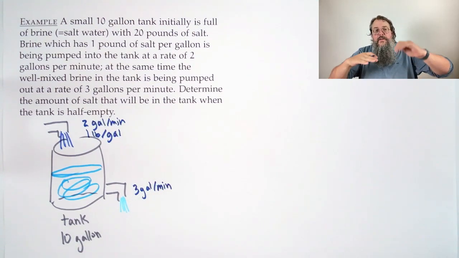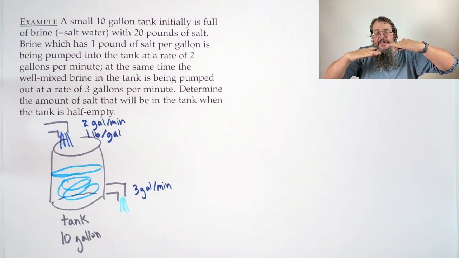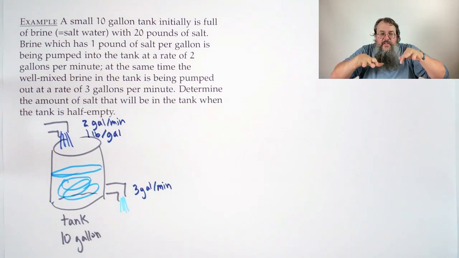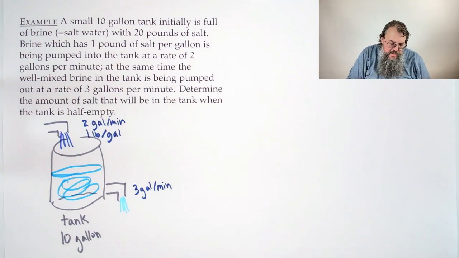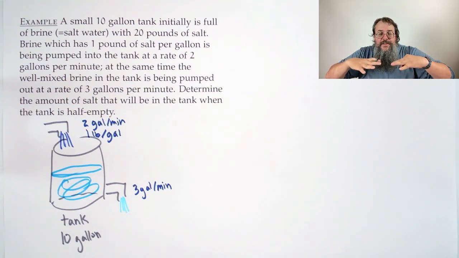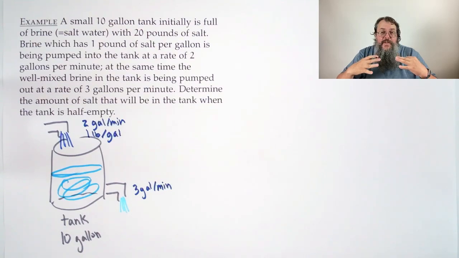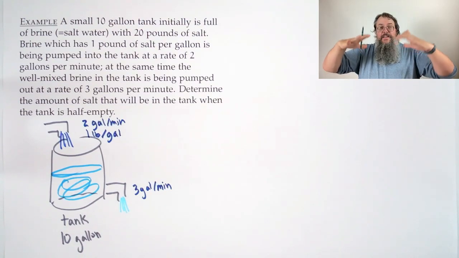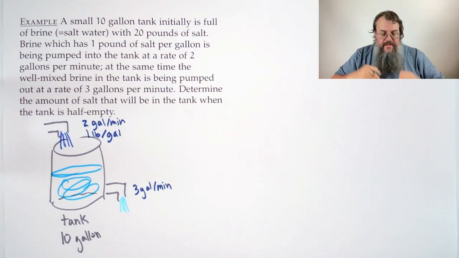So in this case, there's less coming in than going out, so the water level is sinking. In particular, if our water level is sinking down, we can say how much brine, fluid, is in the tank at any given time. Initially, it's 10. Every minute that passes, we lose a gallon.